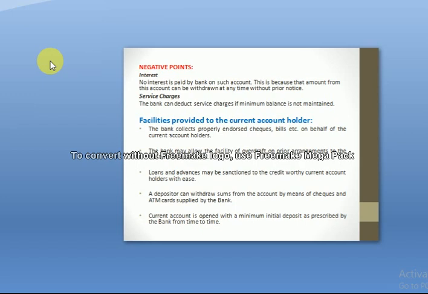As I discussed, we lose the opportunity. How can we lose the opportunity? Instead of a current account, if we deposit in a savings account, there is automatically an opportunity that the account holders can earn a little bit of interest. But in the case of this account, we lose that opportunity.